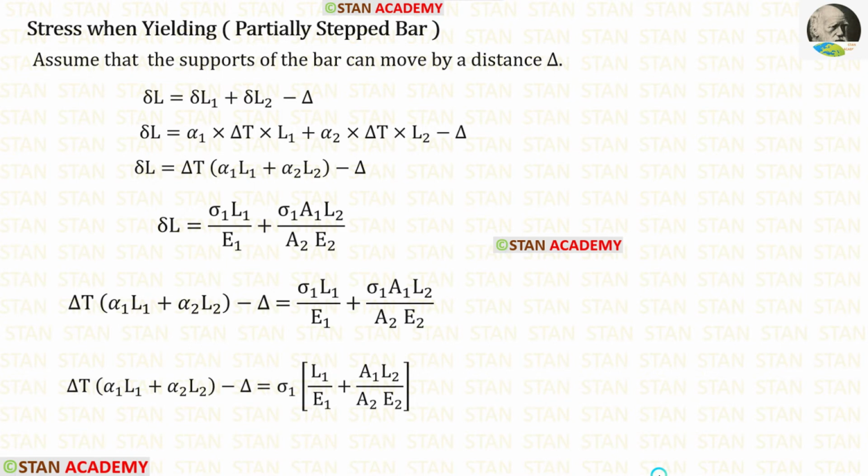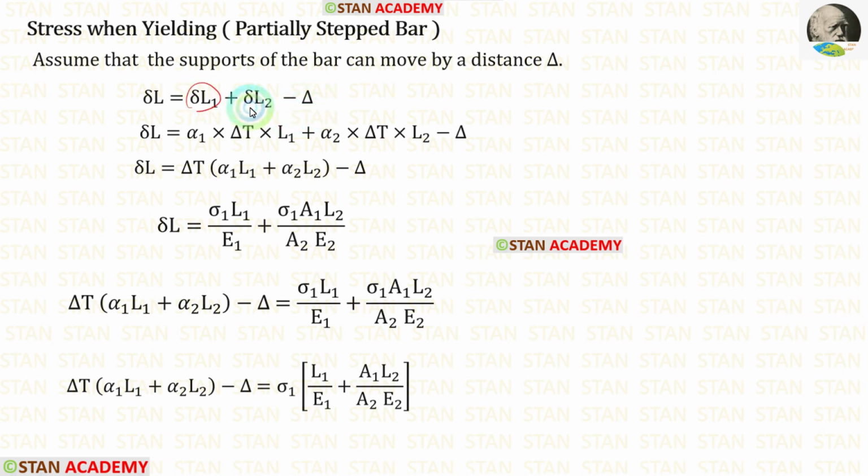Now let us derive the formulas when there is yielding. Let us assume that the supports of the stepped bar can move by a distance of delta. So delta L is equal to delta L1 plus delta L2 minus delta.